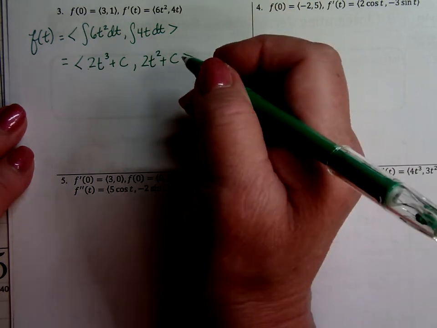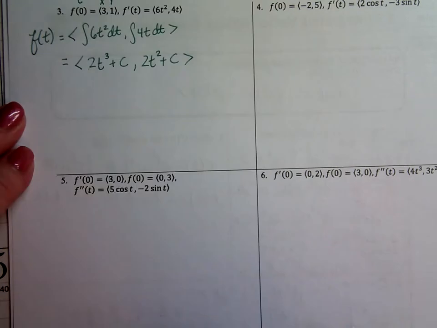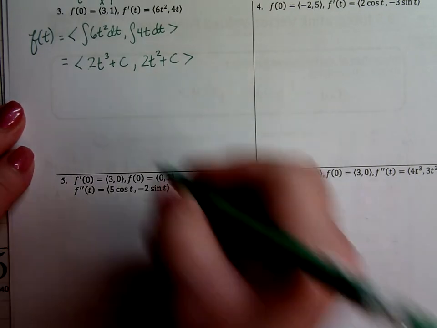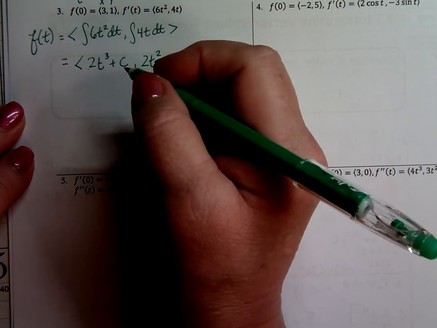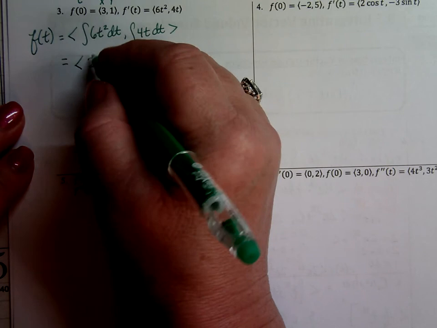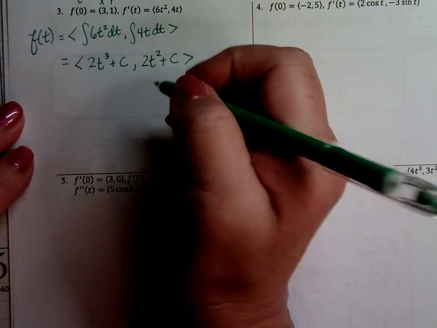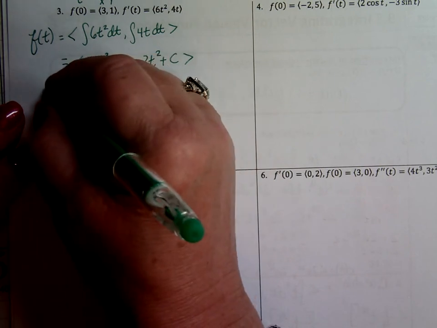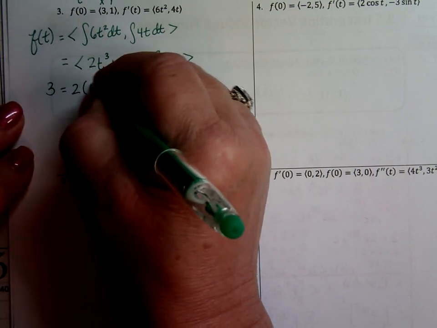But then they give me a condition that this is my x and this is my y, this is my t. So I'm going to plug all that in to find out what it's going to be for f of 0. When f of 0 is 3, 1, I want to figure out what the resulting c is going to be because of that. So I know that for this piece, x is 3, 2 times 0 cubed plus c.